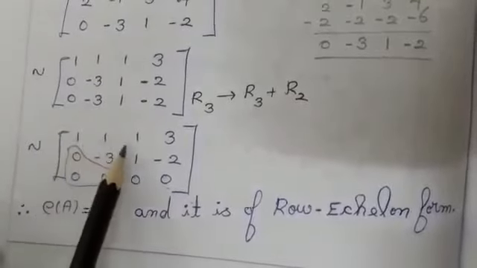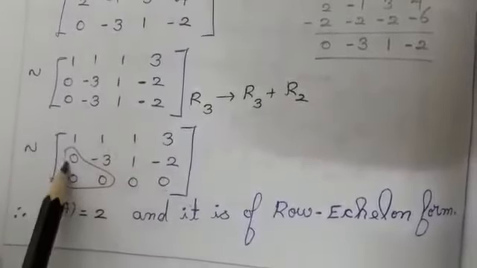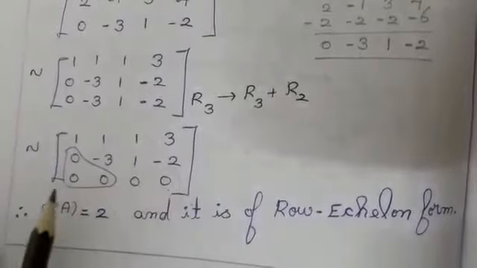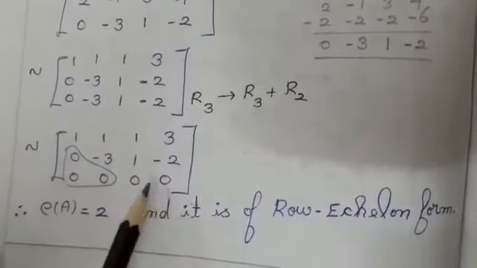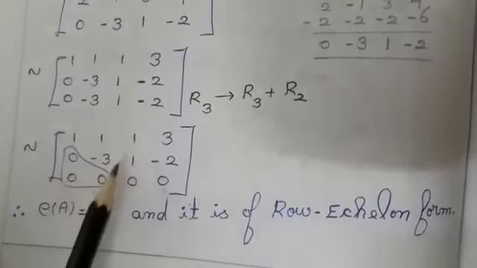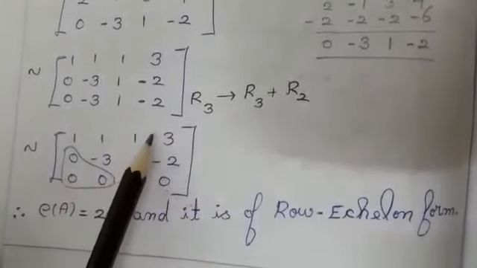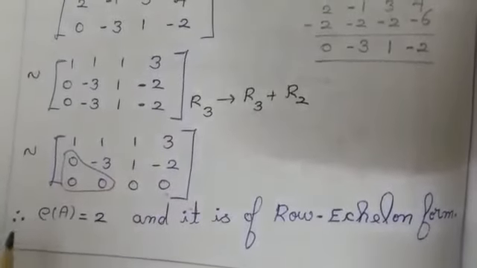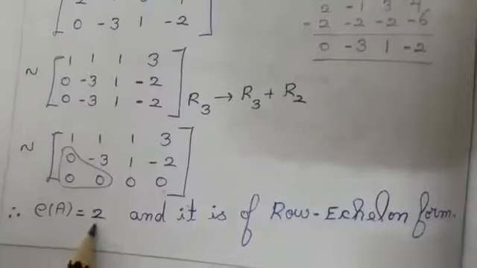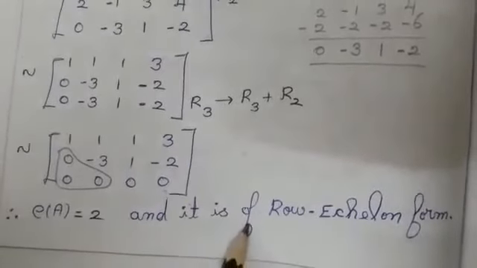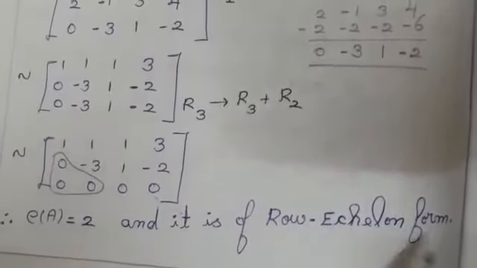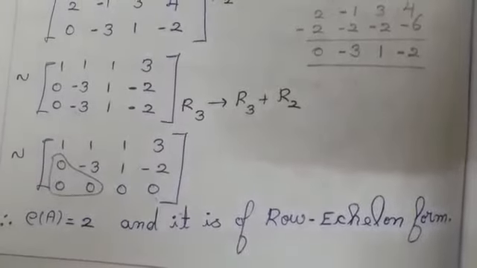First row, I have numbers. Second row also I have numbers, but the third row is completely 0. So the non-zero rows are only 2 rows. So I can say that the rank of A equals 2, and it is in row echelon form. Similarly, we are going to see the second sum.